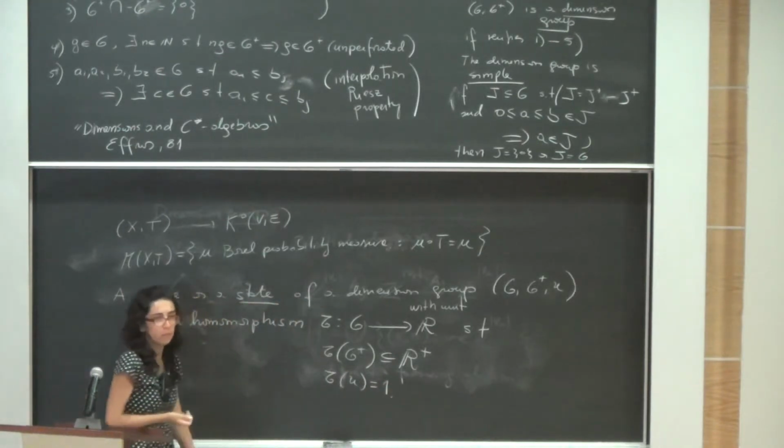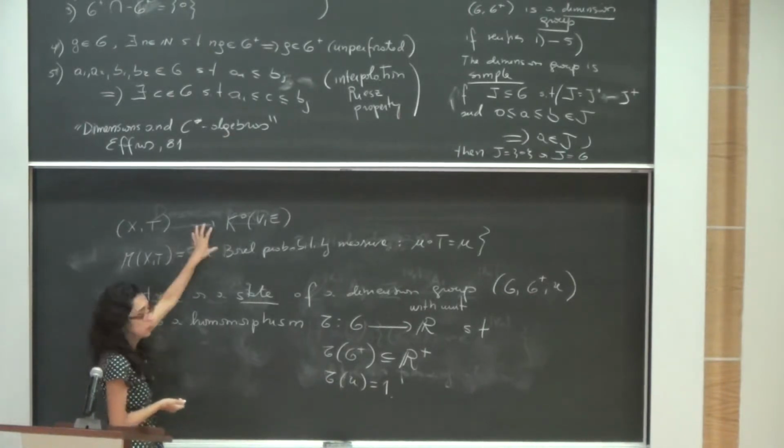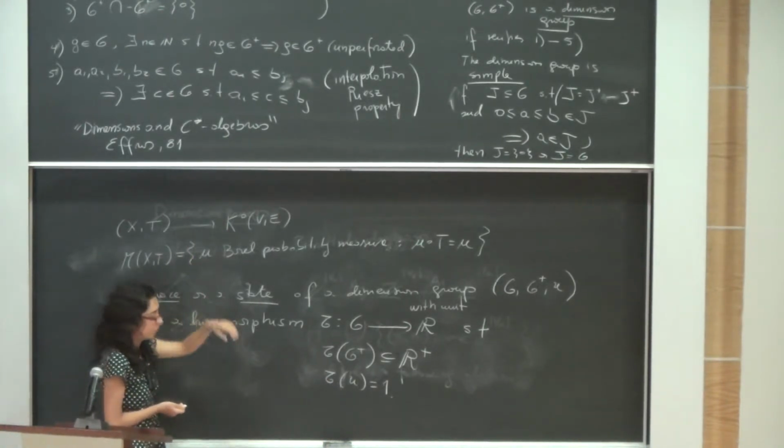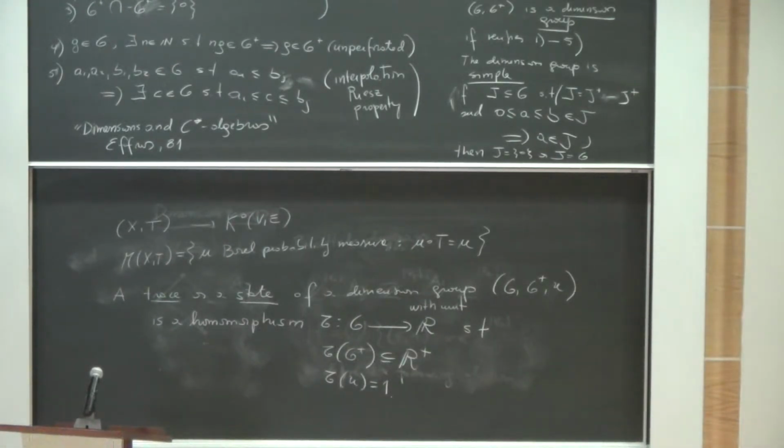This is a state or a trace of the dimension group. And what happens with the space of traces in this dimension group? The space of traces of the dimension group for a minimal Cantor system is affinely bijective with the set of invariant probability measures.